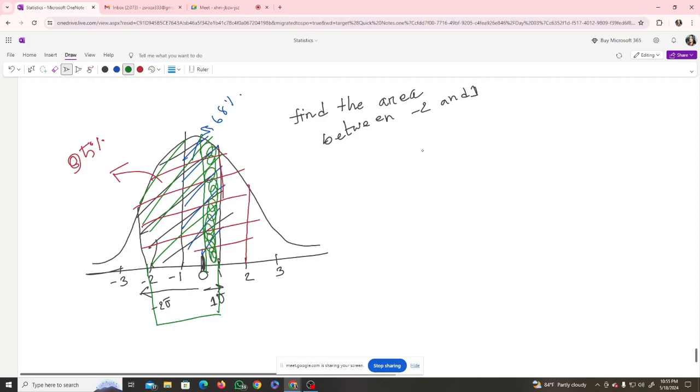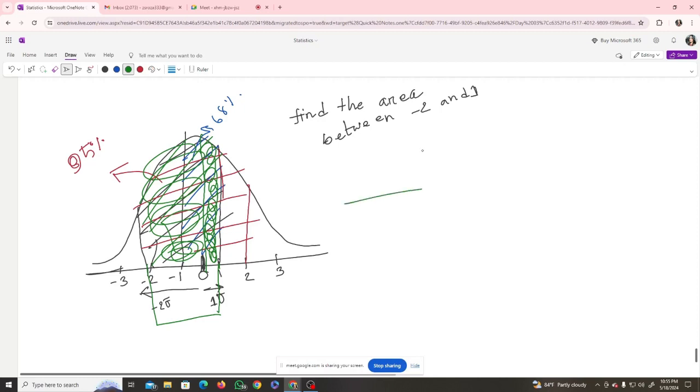And after that, if I divide the 95 percentage by 2, which means this is the whole 95 percentage, and if I divide it by 2, that means this portion. So in total, am I not getting the values between -2 to 1?